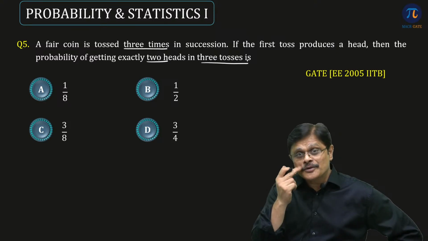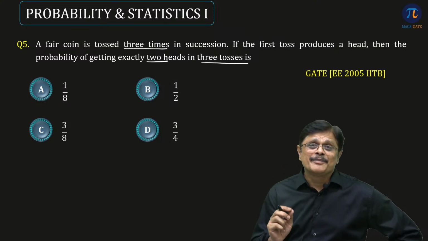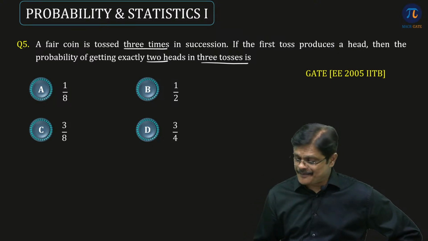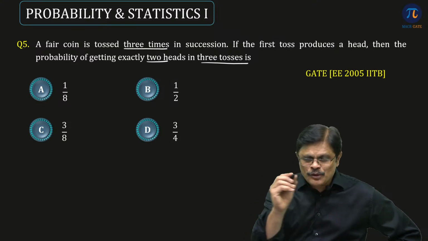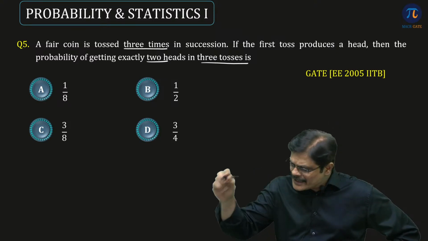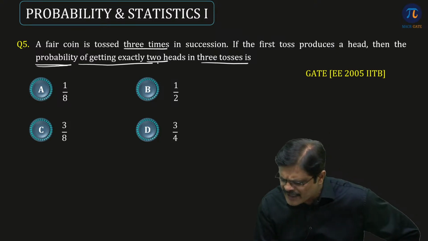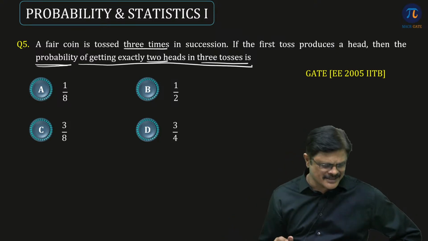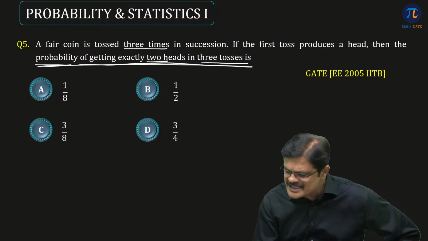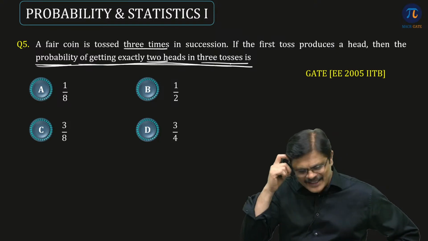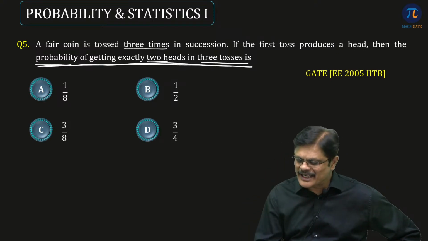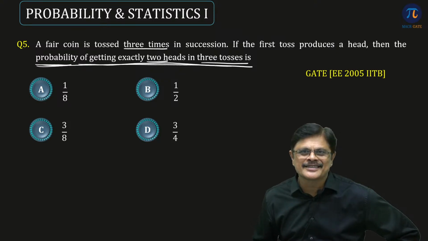As I told you, sometimes people don't read the question carefully. Whenever a question is asked, they directly go to the place probability: probability of getting exactly 2 heads in 3 tosses. They only read this much.